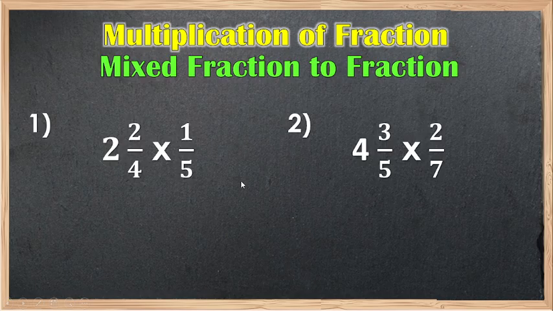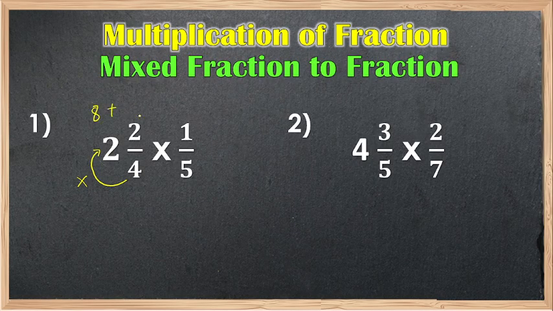Now, in order to solve this, you're going to first change this mixed fraction to an improper fraction. How do I change this to an improper fraction? Follow this rule. You multiply the denominator to the whole number outside. So multiply 2 times 4, the answer is 8.